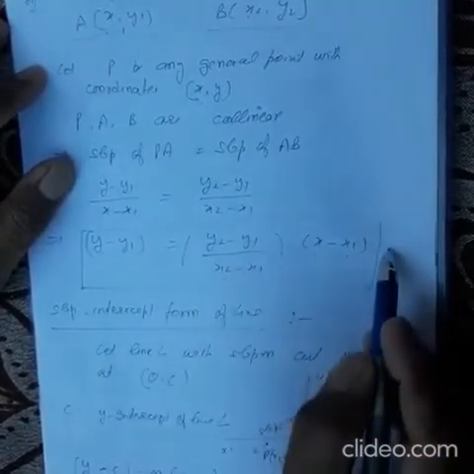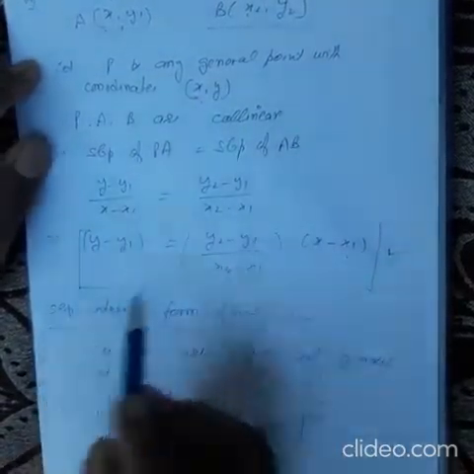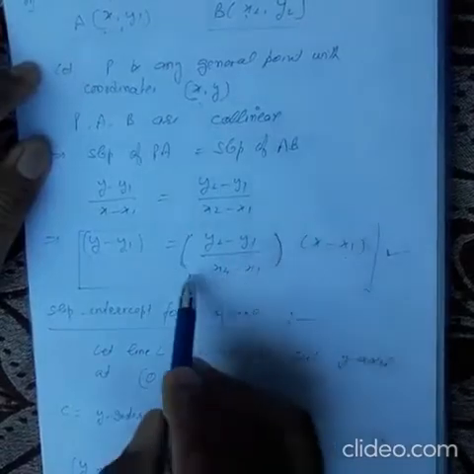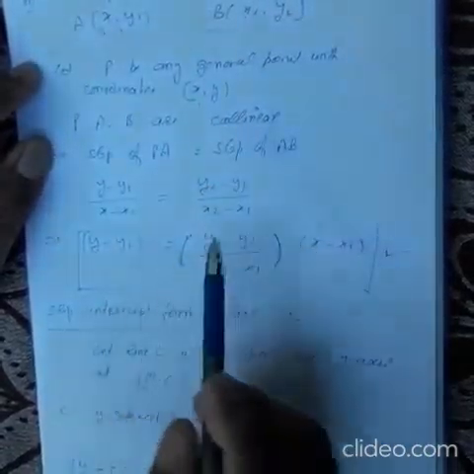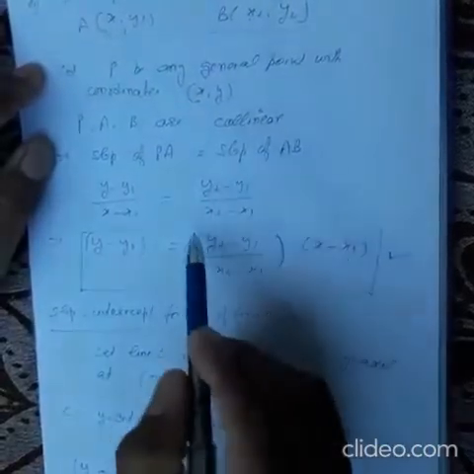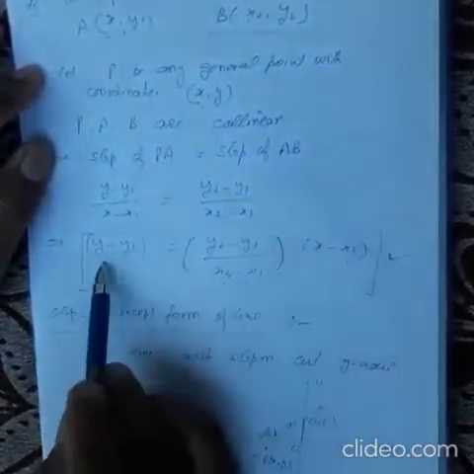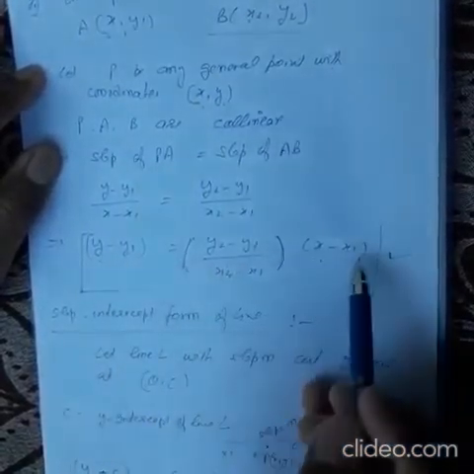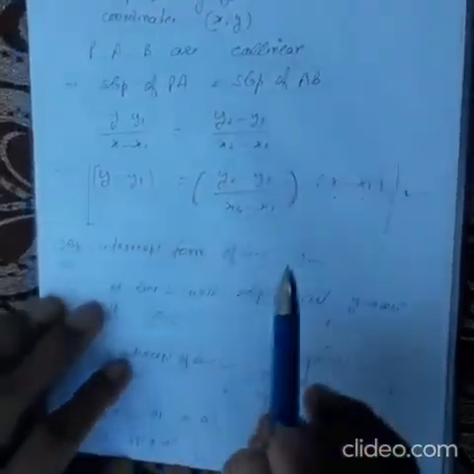This will be the formula. If you compare this formula with the previous one, this is the slope. So now slope is given in the form of two points. So if two points are given, then find slope using the two points and use this formula, y minus y1 is equal to slope into x minus x1. I hope it is clear. So this is the second formula.